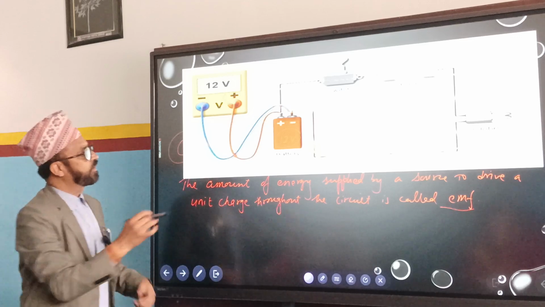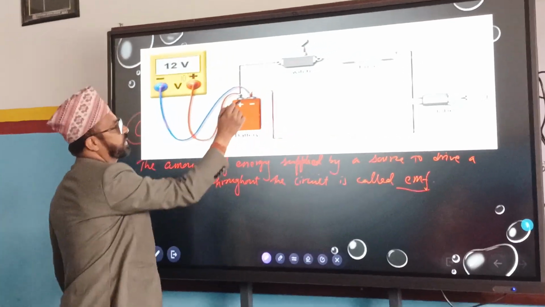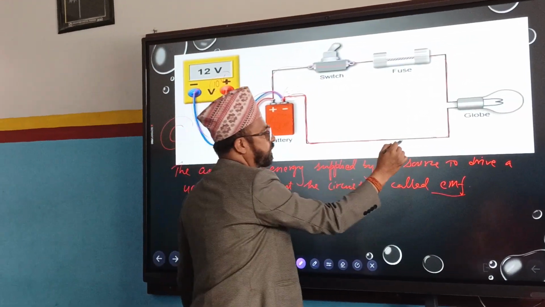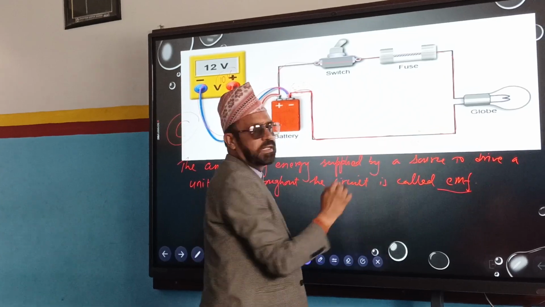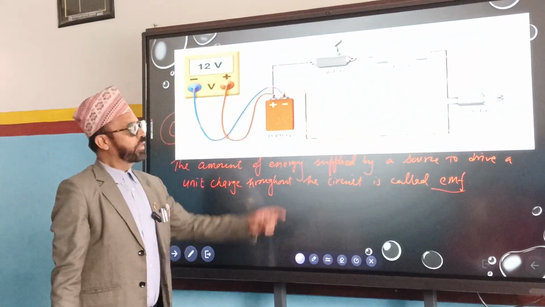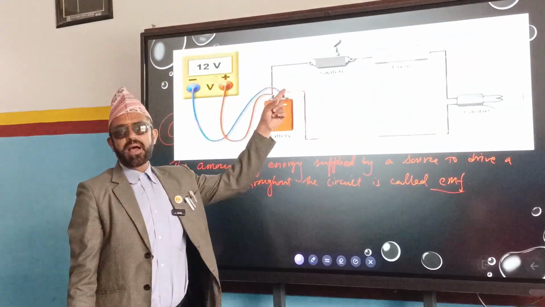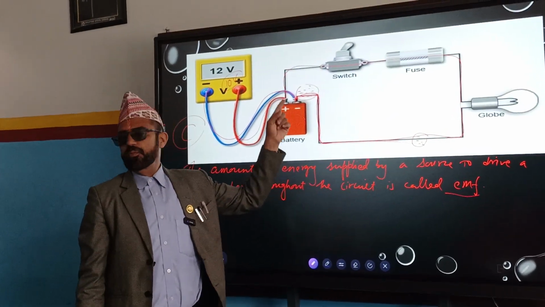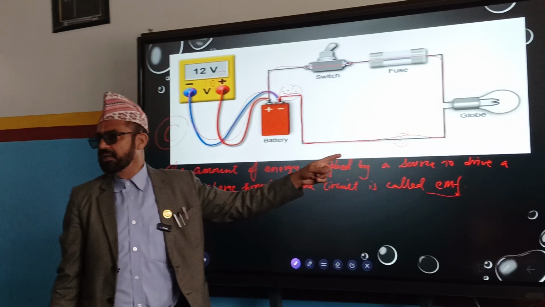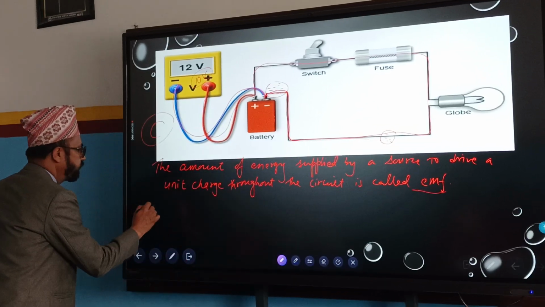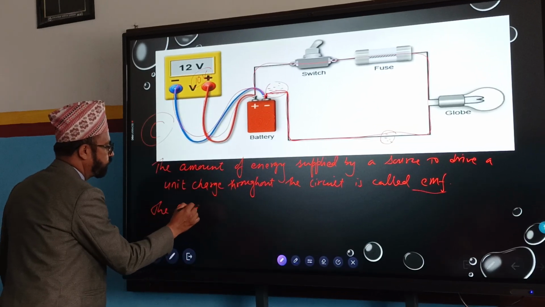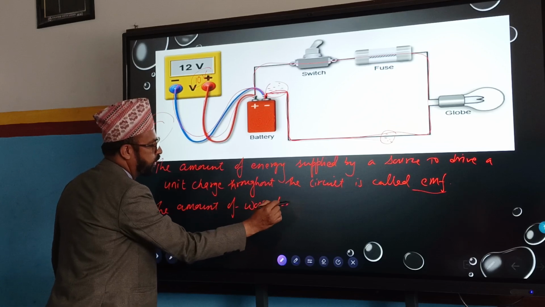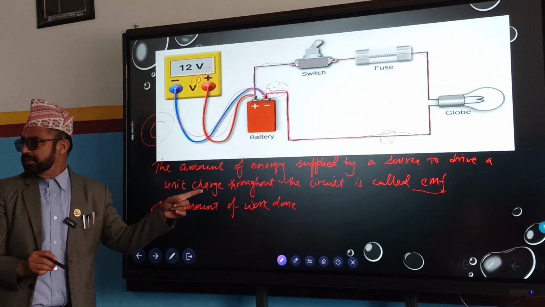Okay. And one thing to remember: when we talk about this circuit, here are more negative charges, and here are fewer negative charges. So charges flow from higher level to lower level, higher potential to lower potential. So what is PD? The amount of work done, here the difference is found. There is energy supplied.